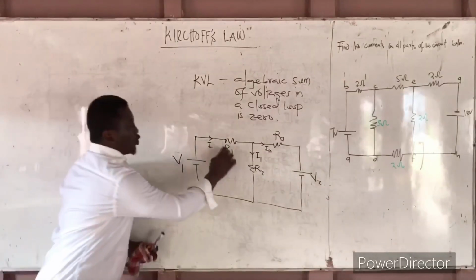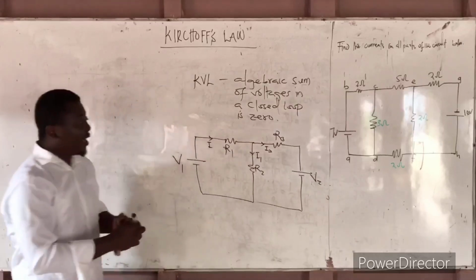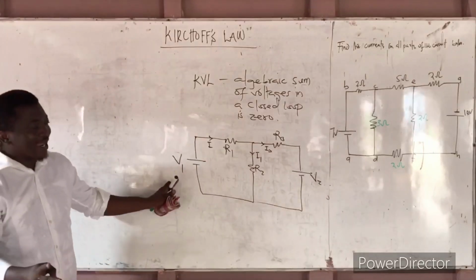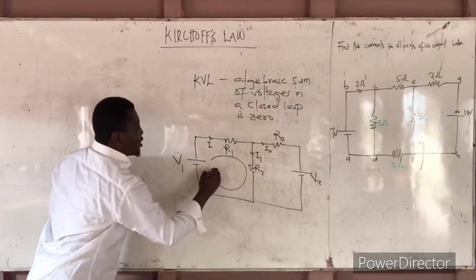This is a closed loop. This is another closed loop. So you pick 2 loops from this diagram. And from the 2 loops, we have this to be our first loop.